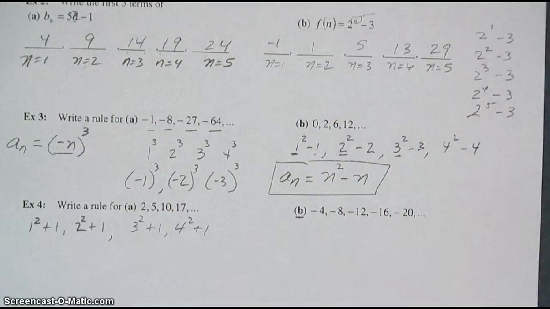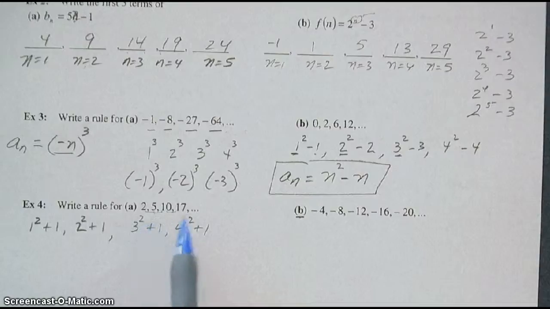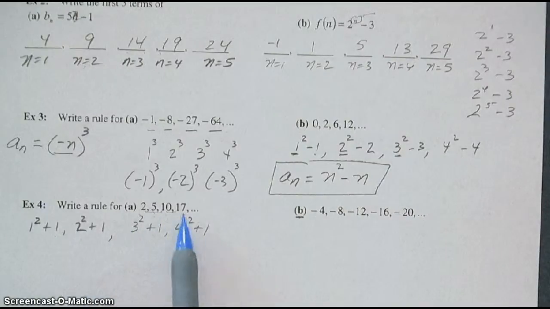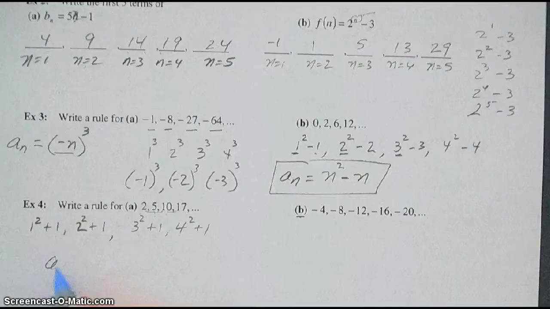And again, these are kind of tricky, so I saw that this difference was 3, 5, 7, so I knew I couldn't write it as a difference, but I saw that 1 squared plus 1 is 2, 4 plus 1 is 5, 9 plus 1 is 10, 16 plus 1 is 17. So the rule I wrote here was n squared, but the n squared is always plus 1.